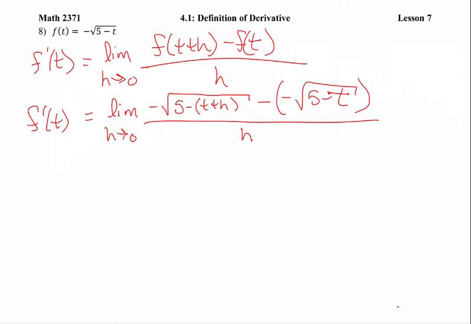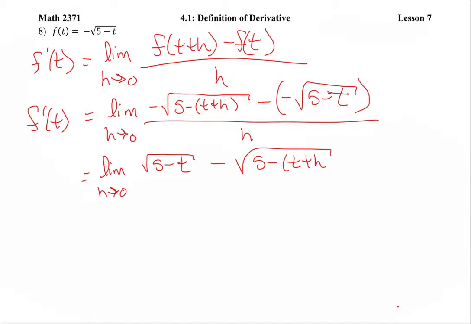So before I multiply by the conjugate, I'm going to simplify this. So this becomes minus a minus becomes a plus, right? So this becomes the limit as h goes to 0 of the square root of 5 minus t minus the square root of 5 minus t plus h, all over h.